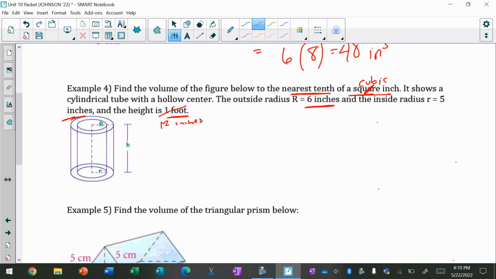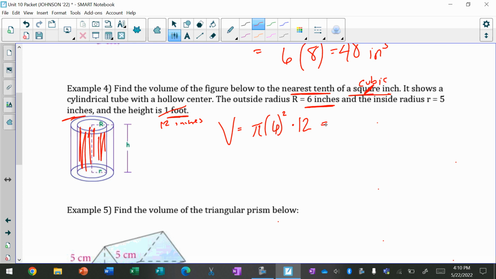So kind of like what we saw with area, you can take a solid shape and then subtract out this inside portion. And you're going to be left with a hollow cylinder. So the volume of the big cylinder, now the big cylinder has a radius of 6. So pi times 6 squared multiplied by the height.